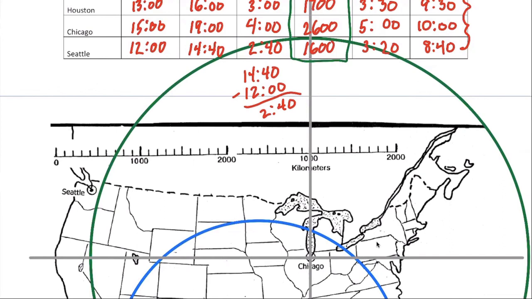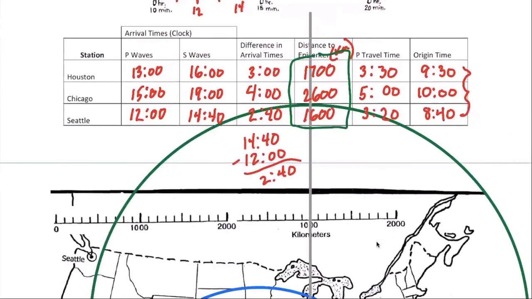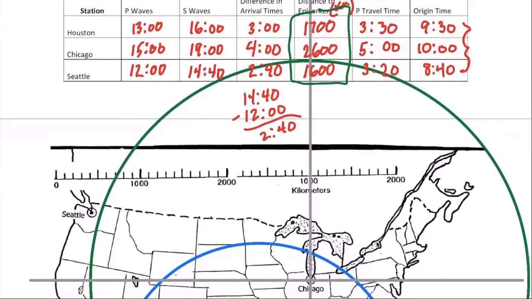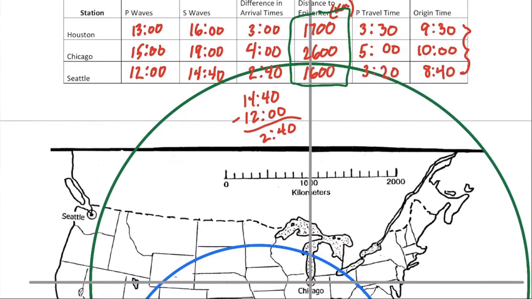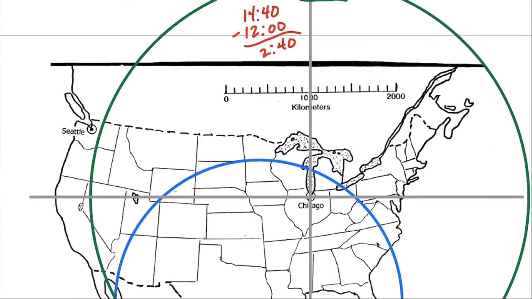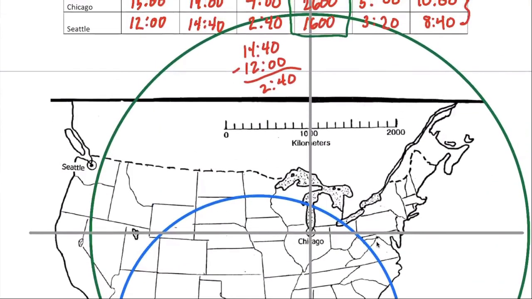So let's get out of this mode and see. We've got Seattle as our last one, and that one's a little easier. It's only 1,600, so I can actually get rid of this extra scale now. Our last one is 1,600 for Seattle, and that's a red circle. So I'm going to set this crosshair at 1,600 from 0. 1,600 is right there.